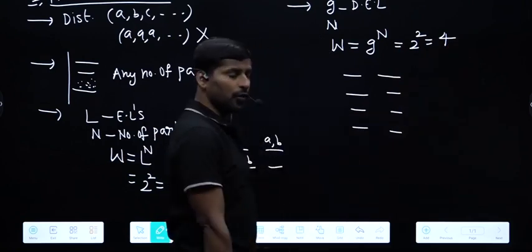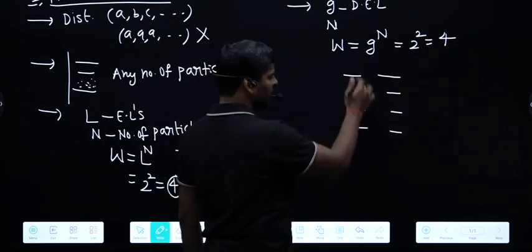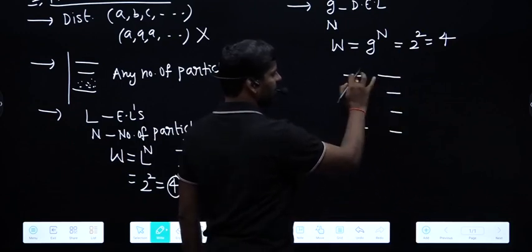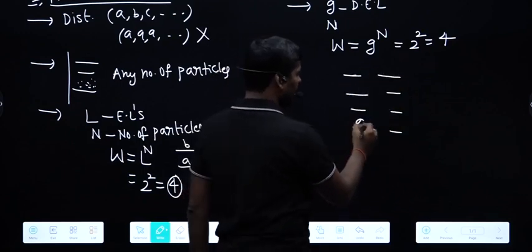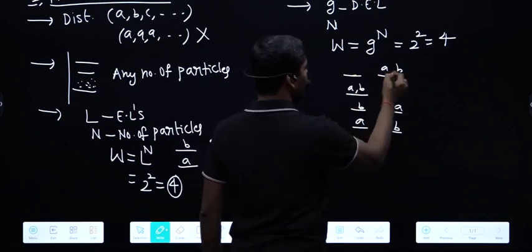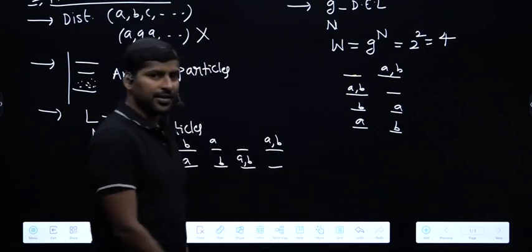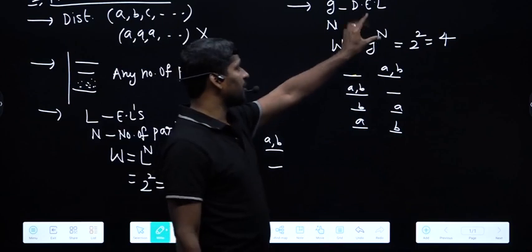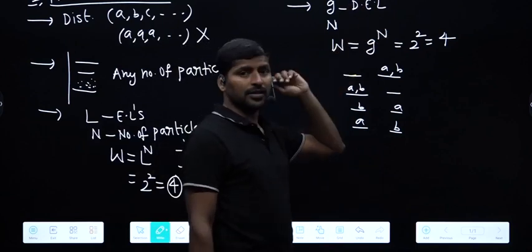In four ways. See here, these two are degenerate energy levels, and these two are degenerate energy levels. So these are the four ways we can arrange. Here G is the number of degenerate energy levels and N is the number of particles to be distributed.